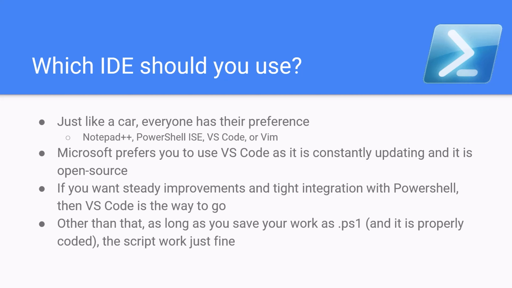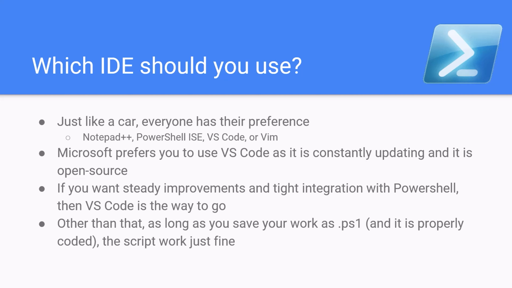Microsoft prefers you to use VS Code as it's constantly being updated, and it is open source. So you can actually go to the GitHub page, get the open source code, and do pull requests. If you're having an error, you can see exactly what other people are having.